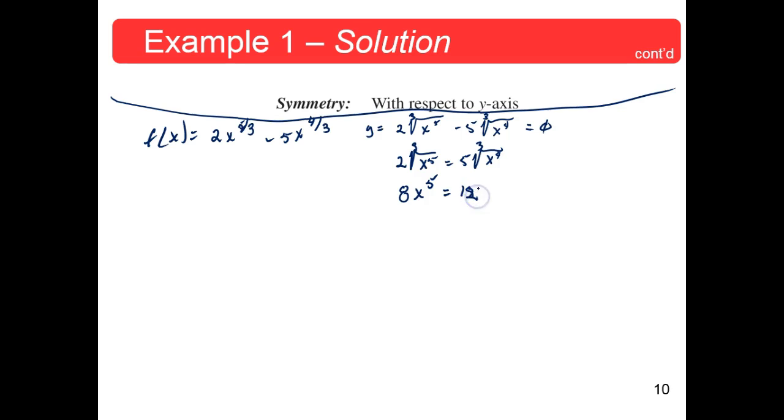I can't write it, but I can say it. Okay, 125 x to the fourth. Now I think I'm going to go back and take them to the same side again. 8x to the fifth minus 125 x to the fourth equals 0. Okay? Where do we go from there? Factor! Excellent. What would you factor?